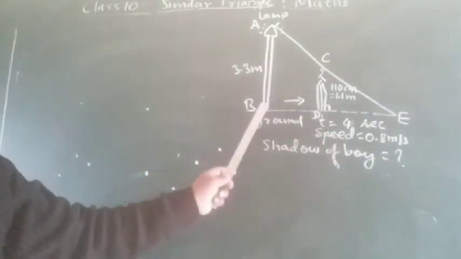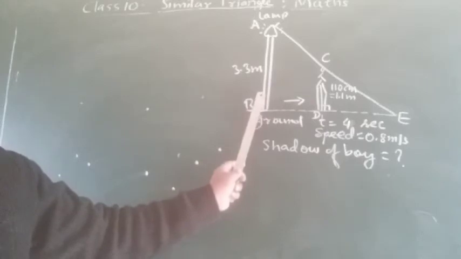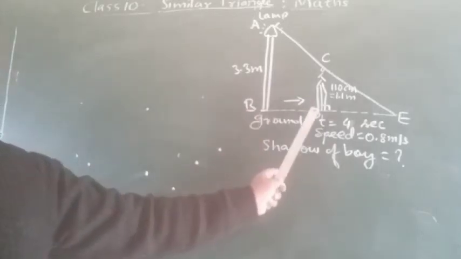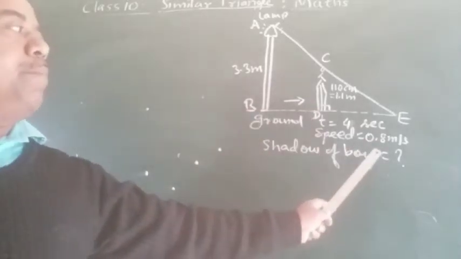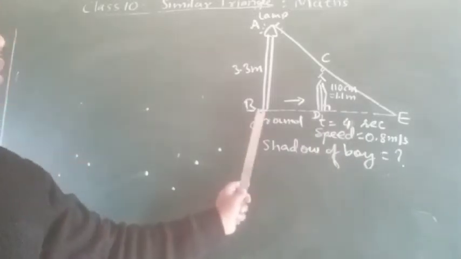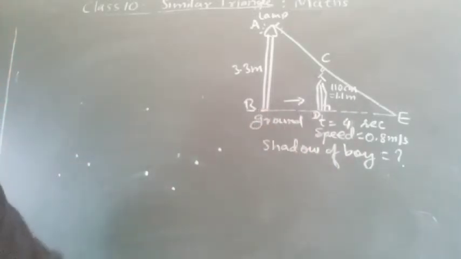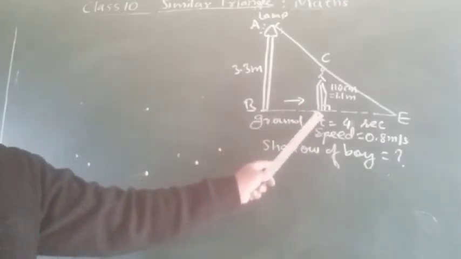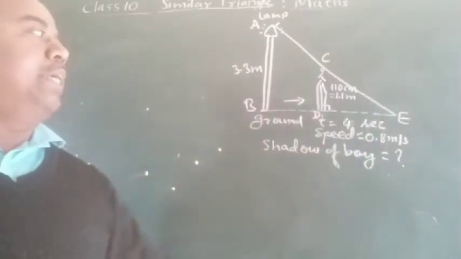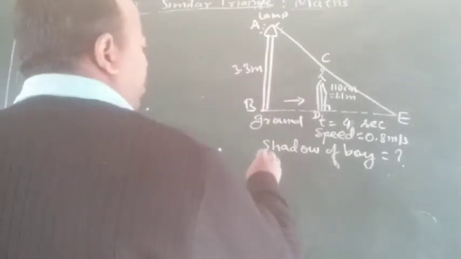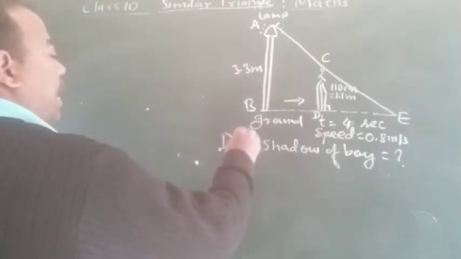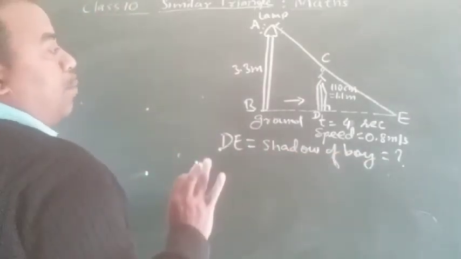Now this boy is going away from the lamp post at a speed of 0.8 meter per second. In 4 seconds, the boy came from this position to this position. If the boy came to this position, the shadow is DE. DE equals the shadow. We have to find the shadow of the boy.